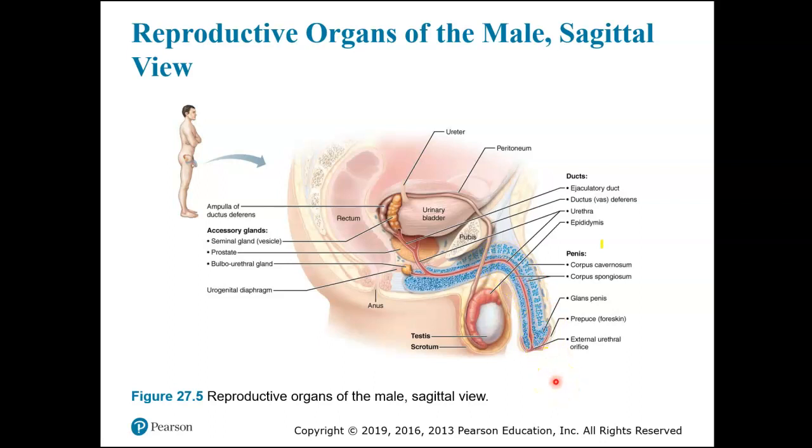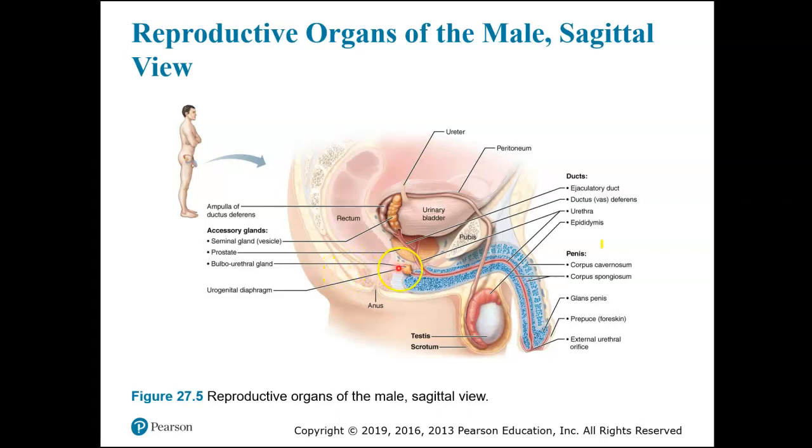Okay. And the glands that we were just talking about. Starting with the seminal gland. The seminal gland is parallel with the ampulla of the ductus deferens. The seminal gland is here, and then the prostate gland is here, kind of surrounds the vas deferens, and it's very close to the entrance to the urethra.